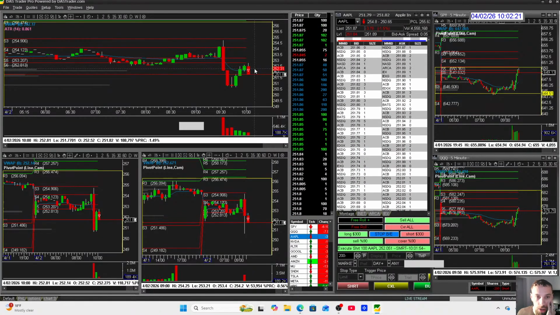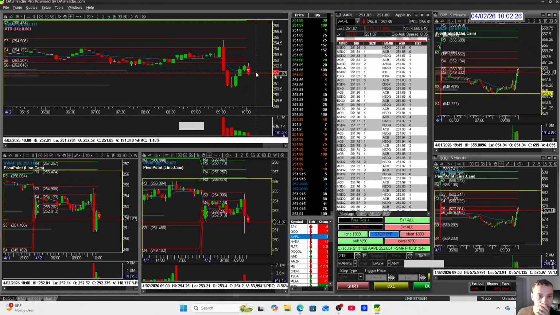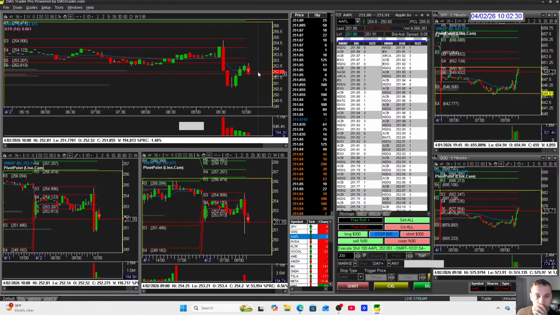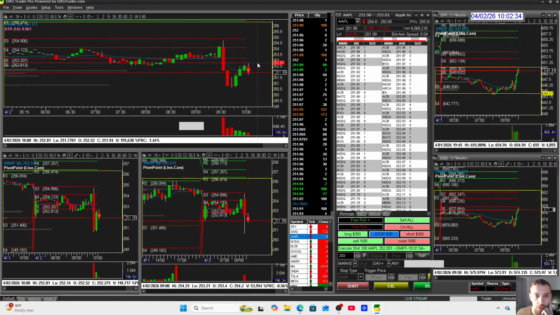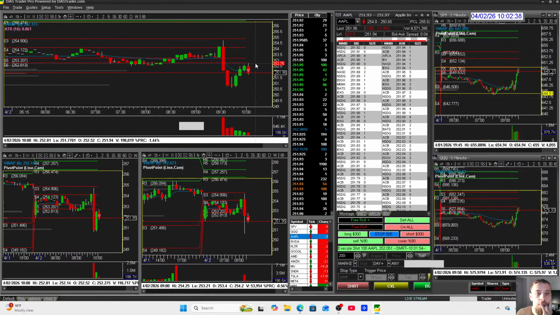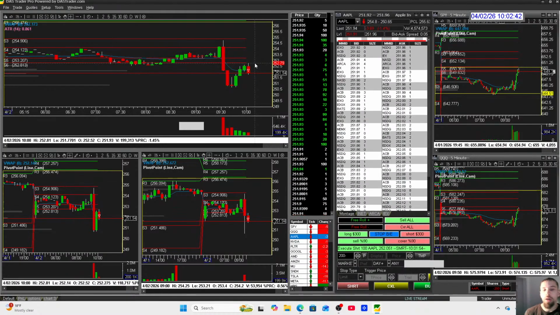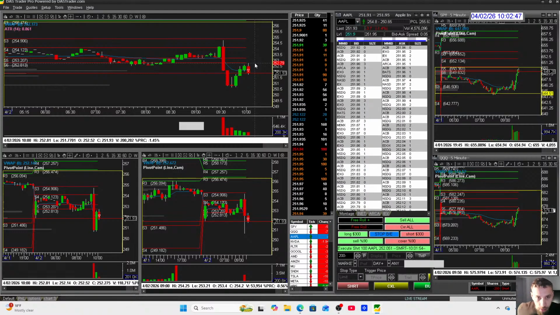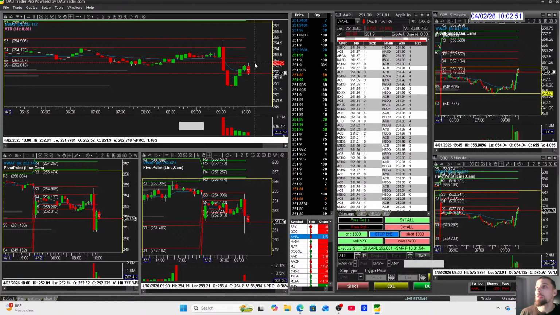So 200 shares short. Risking about $160 here. I will close my position if we break that high there. Really big order at 250.